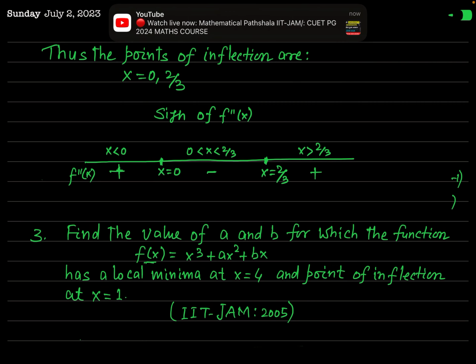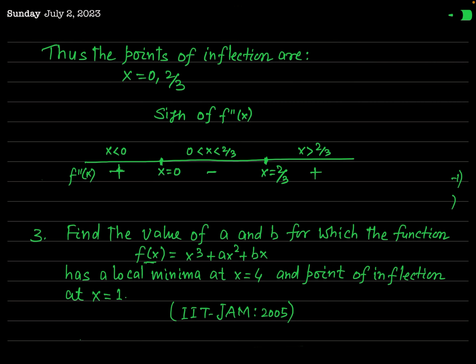Now we will see the sign of the function f double dash of x in this case, and you can decide how the concavity of the curve has been changed. See here, I have marked the two inflection points. First one is x equal to 0 and another is x equal to 2 by 3.